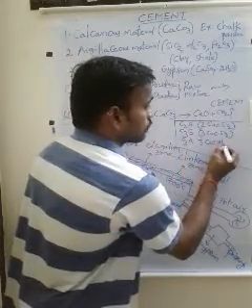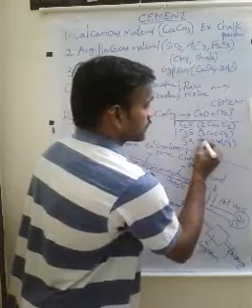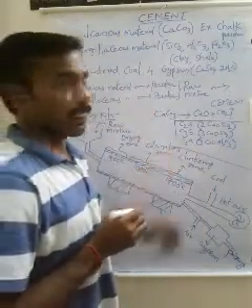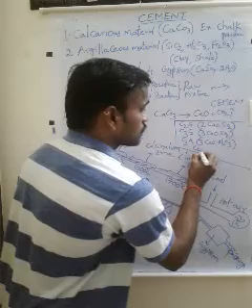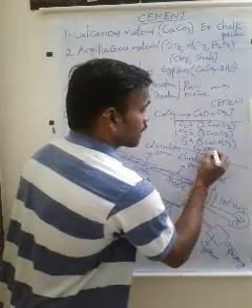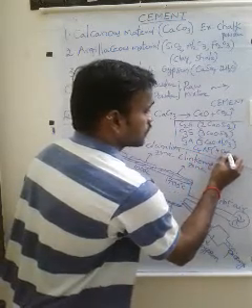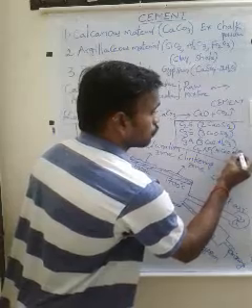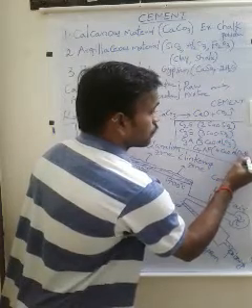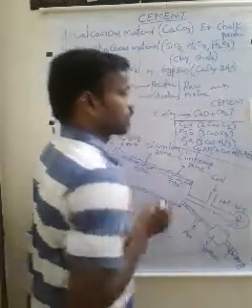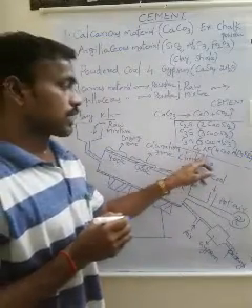And aluminates: tricalcium aluminate, 3CaO.Al2O3, represented by C3A, and tetracalcium aluminoferrite, 4CaO.Al2O3.Fe2O3, represented by C4AF.